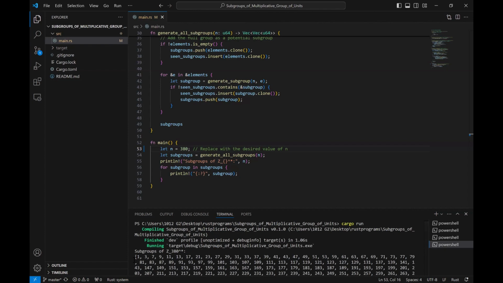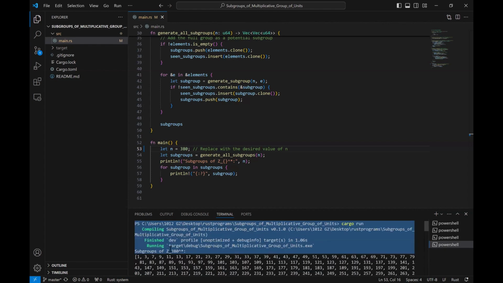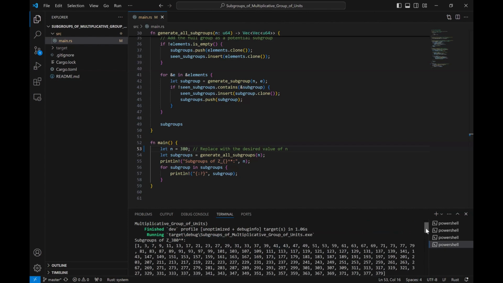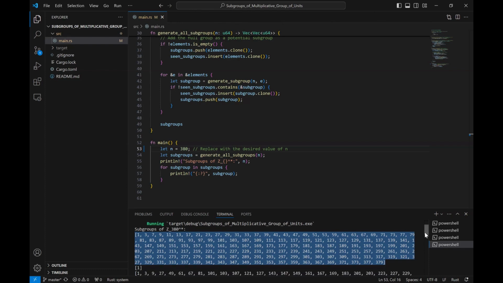It begins from 1 here and ends where those which are relatively prime end. I can't see where it's ending because it's a long list. Or it ends at 379. These are the elements which are relatively prime, the ones highlighted here, relatively prime to 380. 379 is the last one.